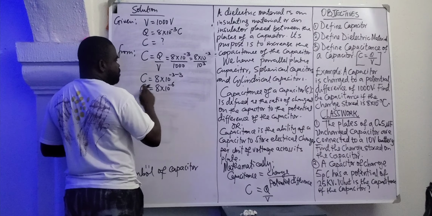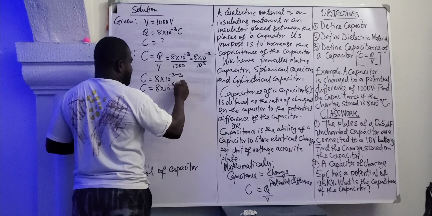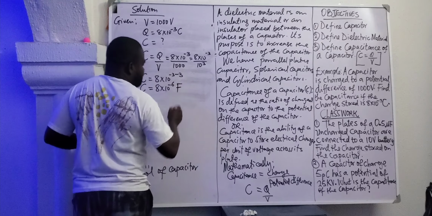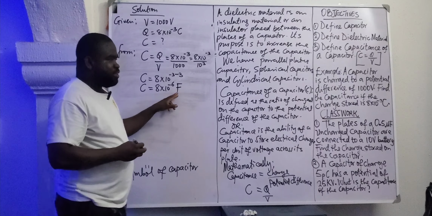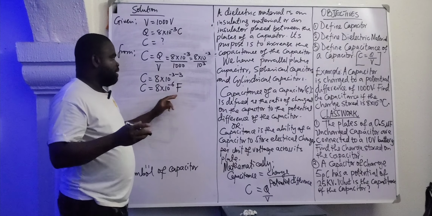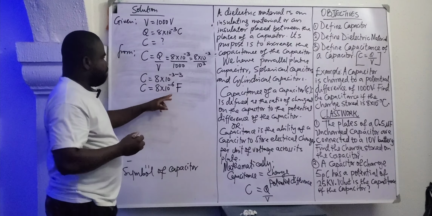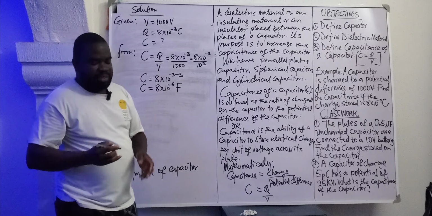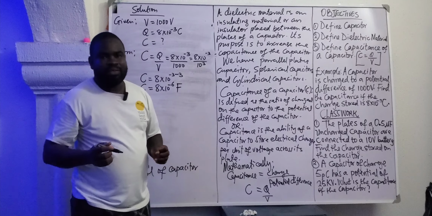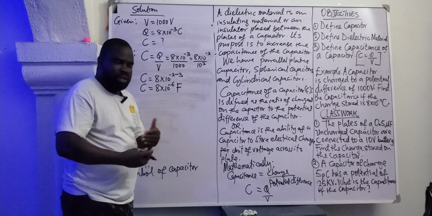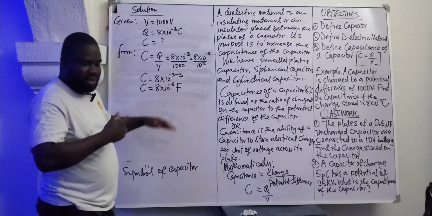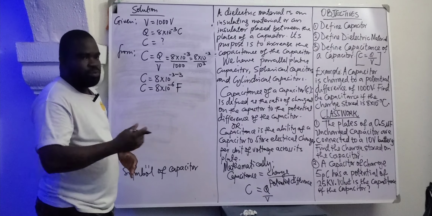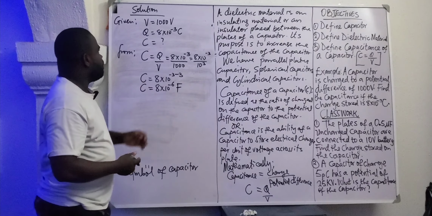Now, the SI unit of capacitance is farad. Farad, short form of Faraday. That is the SI unit of what? Capacitance. Now, because 1 farad is very large, most times we use a smaller unit for the farad. So we can use micro, we can use pico, we can use what?